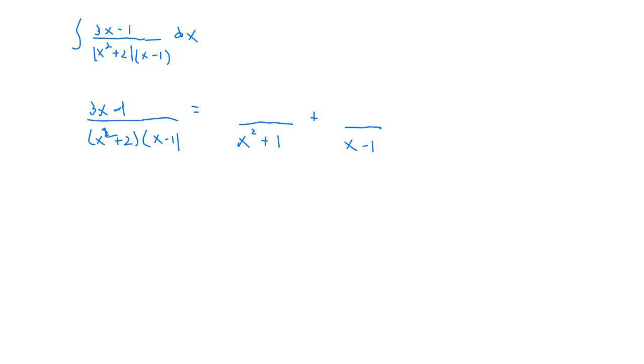What's going to go over the second fraction, the x minus 1? What would we put there? Well, this factor here, x minus 1, is it a linear factor or a quadratic factor? Linear. It's a linear factor. The x squared plus 1 on the first fraction, what kind of factor is it?